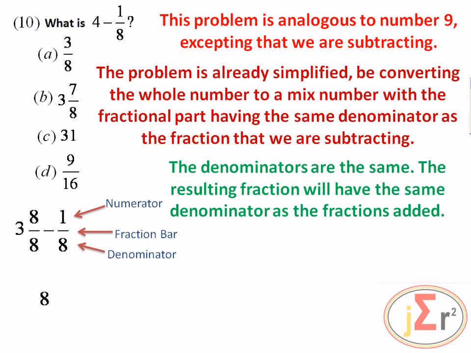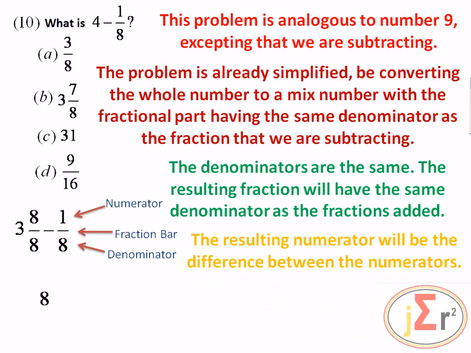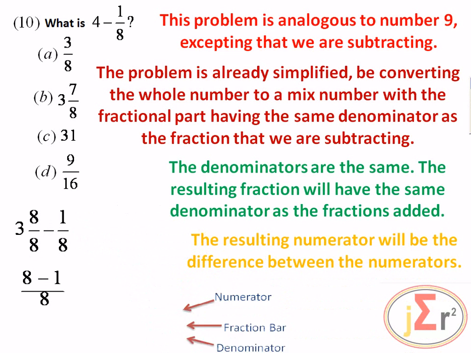And what do we do with the numerators? Subtract. And when we subtract, the result will be? 7. Okay. So the resulting numerator will be the difference between the numerators, like we have right there. What is missing, Jerry? The whole number.